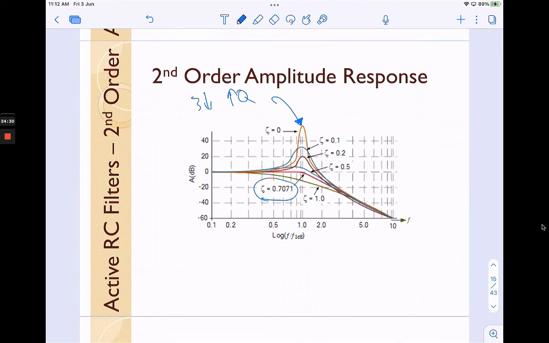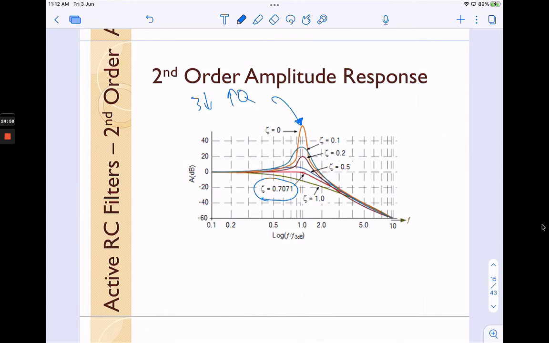Okay, in this case, you can see that zeta equals 0.7071, you get a very smooth plot here. That is the same as our cutoff frequency at -3 decibels. Then if you have a value of zeta that is higher than 1, the system will have a response that we call overdamped.